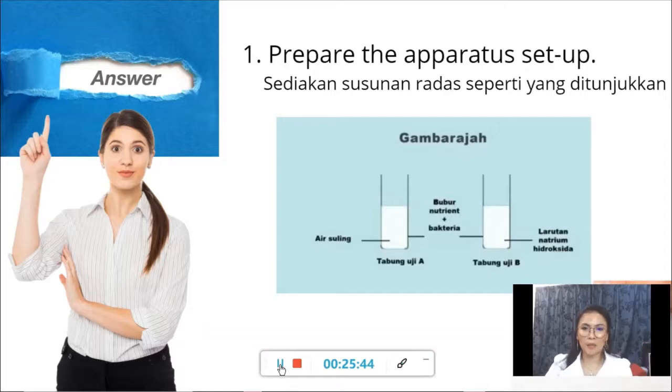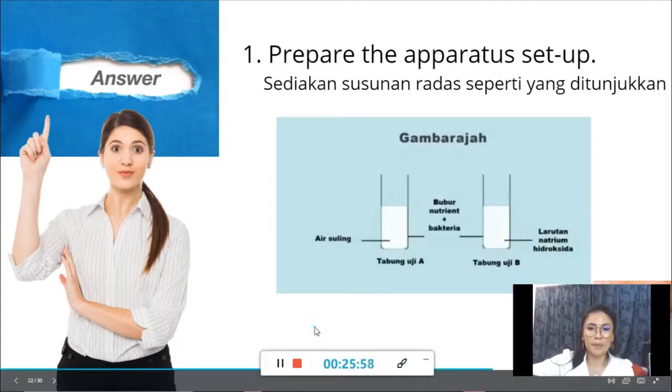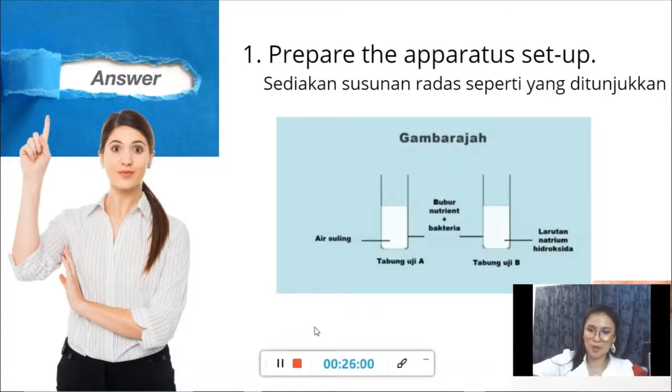For test tube A, we add distilled water. Test tube B is added with sodium hydroxide solution. This is the first part of the procedure already.